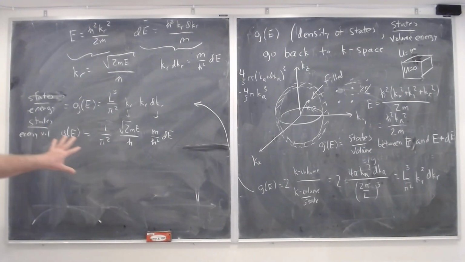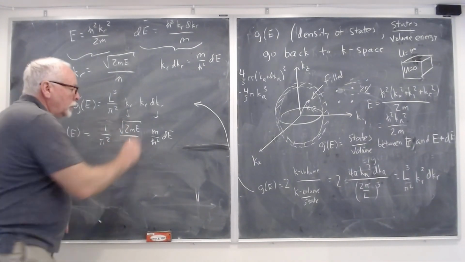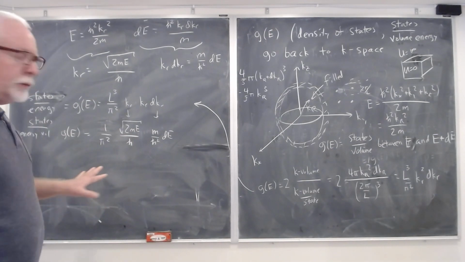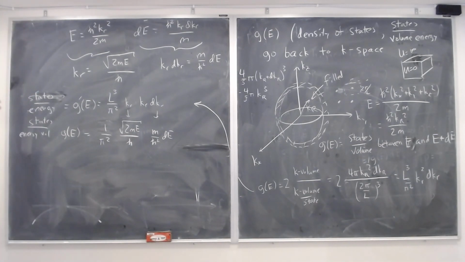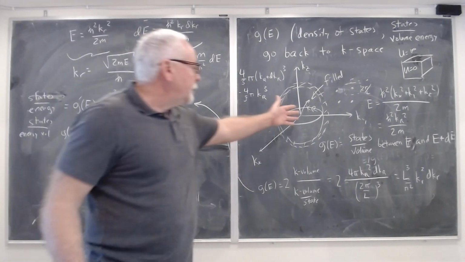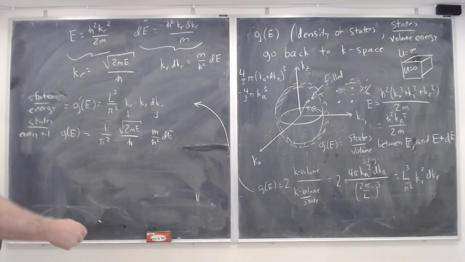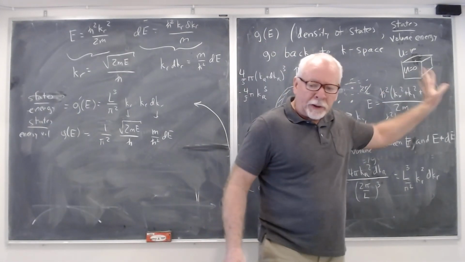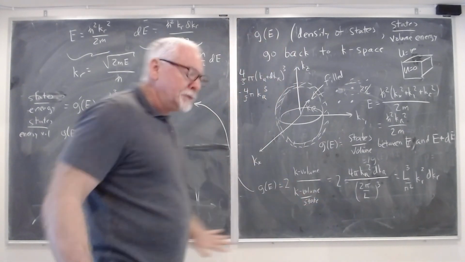Now, I'm not going to simplify terms at this point. I'll do it in the next lecture. But the point is that in K space, and again, we're going back to this model that didn't have bands and stuff like that. It just started at E equals 0.